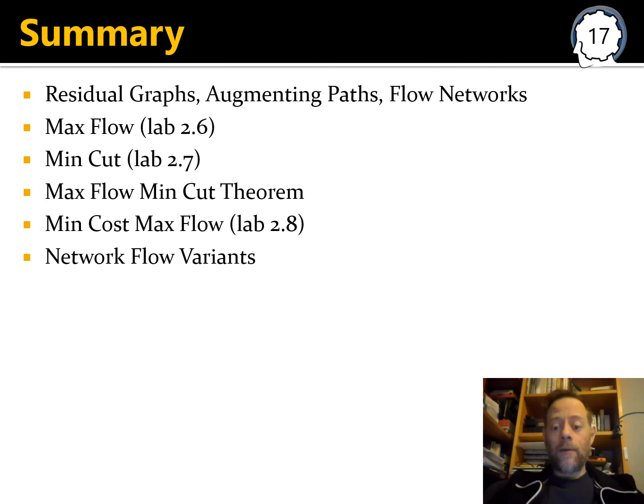I've described three different algorithms for solving the max flow problem, namely the Ford-Fulkerson depth first search version, the Edmonds-Karp breadth first search version, and then Dinic's algorithm for max flow. We also talked about min-cut, which is basically the dual to the max flow. So given that we found the max flow, we can also identify the minimum cut. And this is captured by the max flow min-cut theorem.